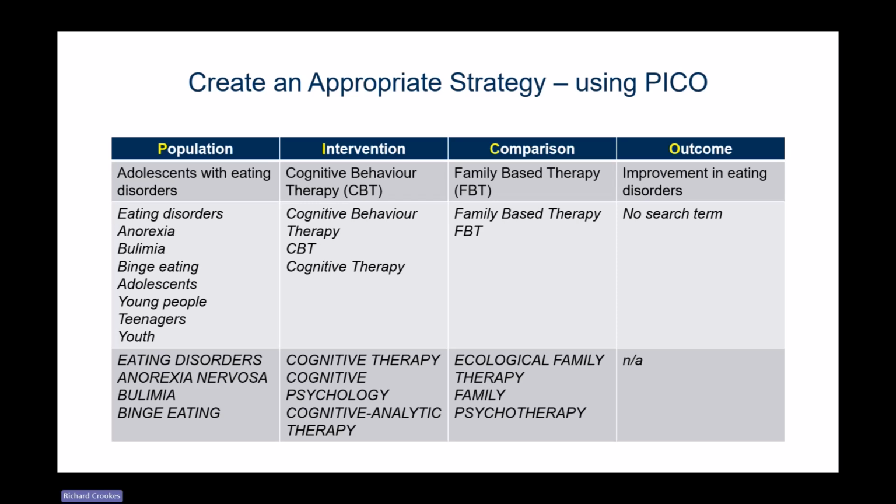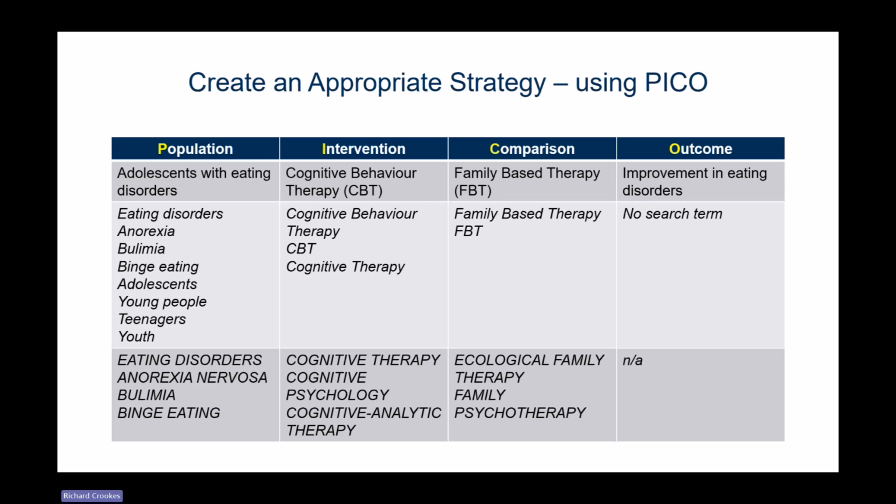Plus, of course, we're looking at the age, the adolescents, which could also be rendered young people, teenagers, or youth. We've got specific eating disorders like anorexia, bulimia, binge eating, of course. And then with cognitive behavioral therapy, it could be CBT, it could be cognitive therapy, or cognitive behavioral therapy, which I've not listed there. Family-based therapy could be abbreviated to FBT. Family psychotherapy, as you see there in the third line, is mentioned.